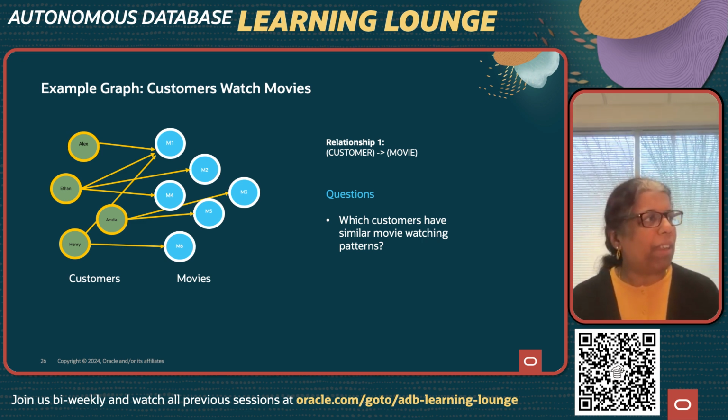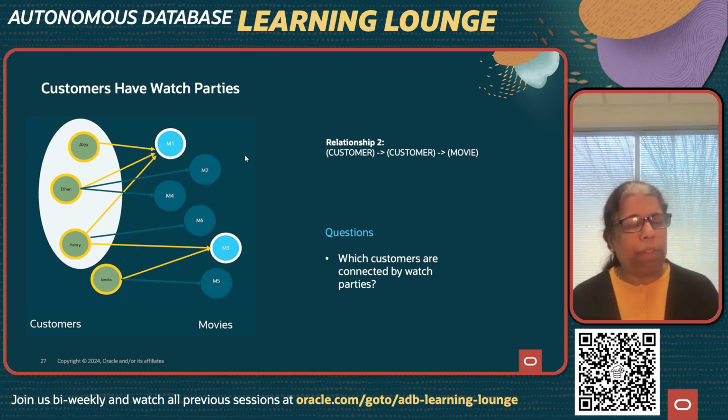And we also have another connection where groups of customers get together to watch a movie, such as in a watch party. So if these three customers have watched this movie together, that is a connection between them as well. So we have two different types of nodes in this graph and two different types of relationships, also known as edges in this graph.